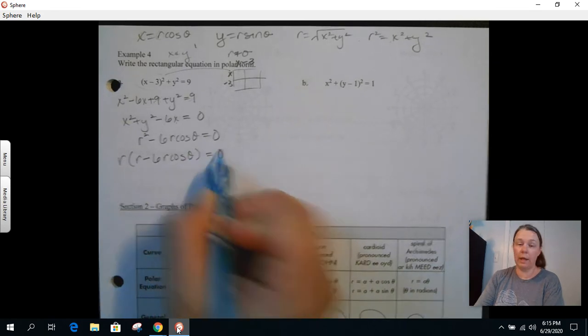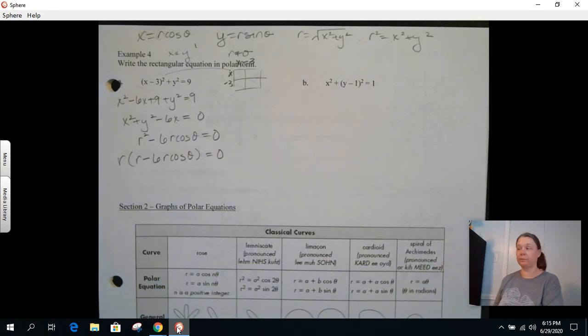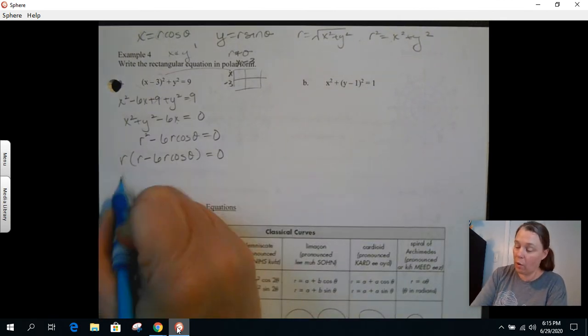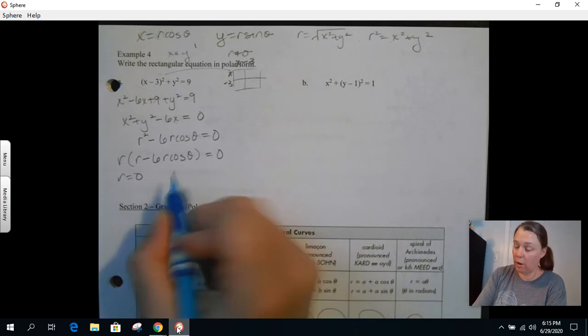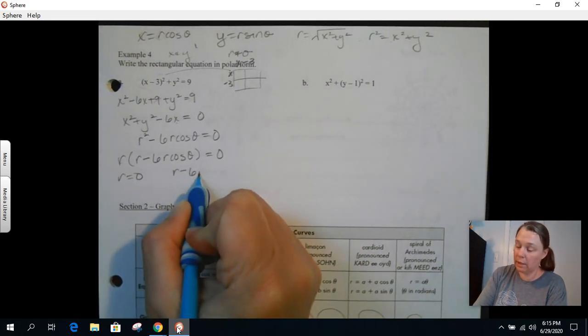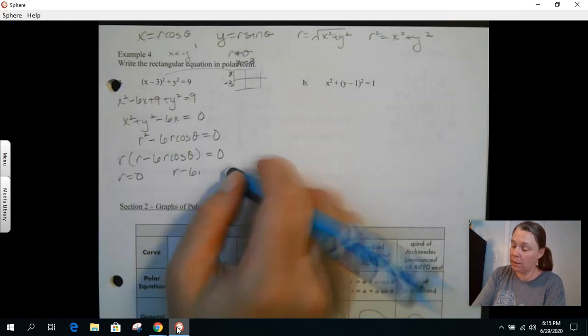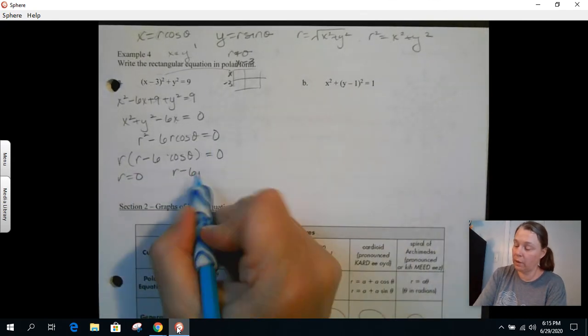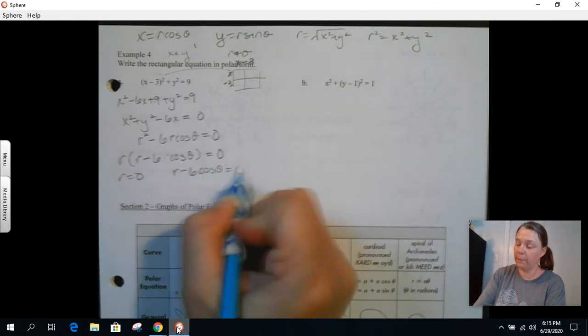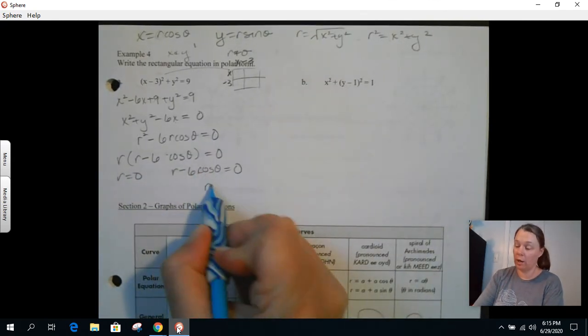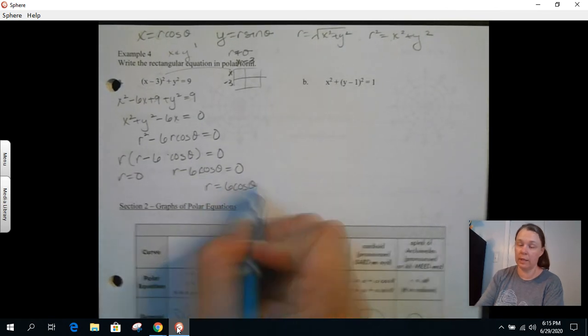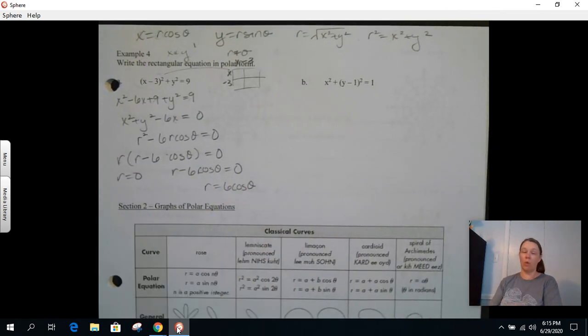Some of you might be thinking, I want to cancel an r out of everything. I get it. I'll talk about it in a second. Once I have r equal to 0, and then I have r minus 6, whoops, this would just be cosine theta. I could solve this equation and get r equals 6 times the cosine of theta, and then this is just r equals 0, which is just a point at the origin.